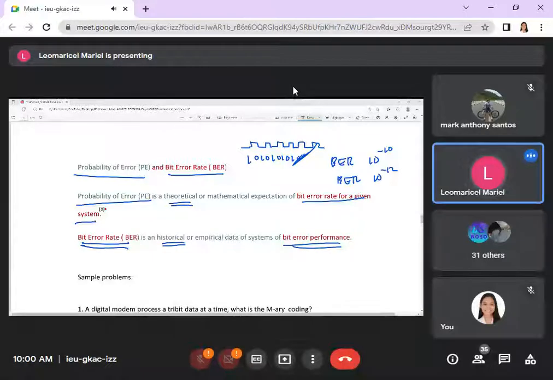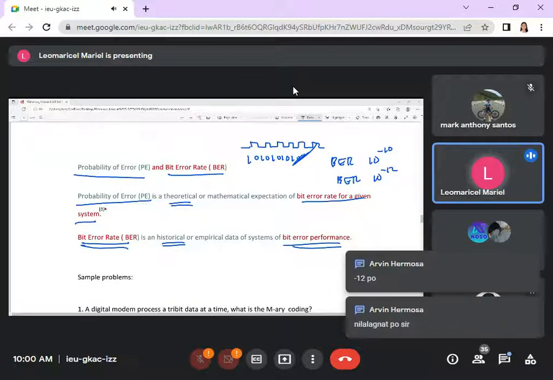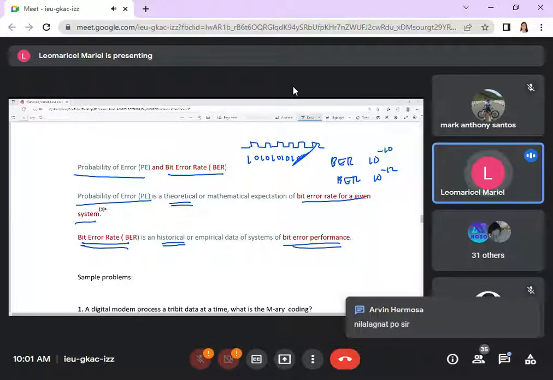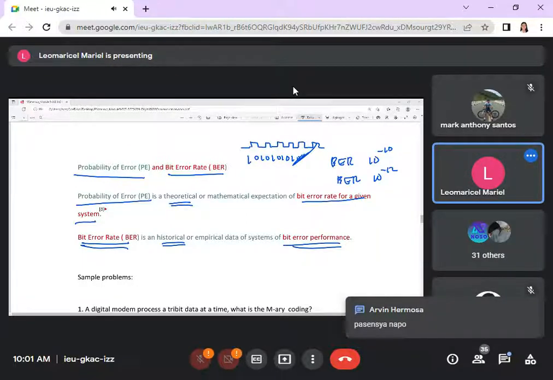Mr. Hermosa? So palagay mo, kung I have a bit error rate of the system that is 10 to the negative 10 and the bit error rate that is 10 to the negative 12. So that's correct. 10 to the negative 12, mas maganda. Why? Bakit? Mr. Pinesa.